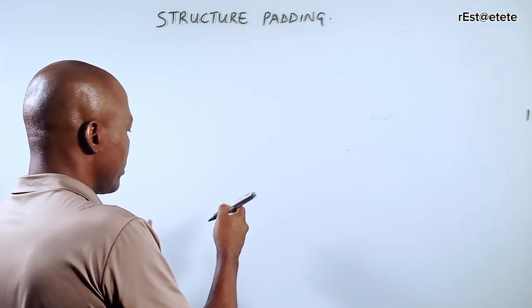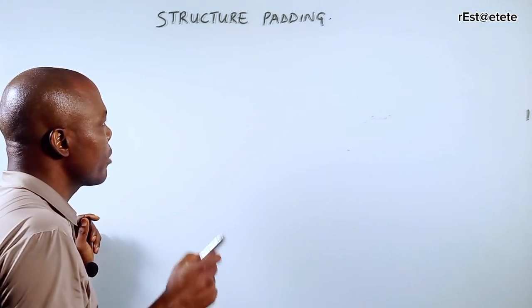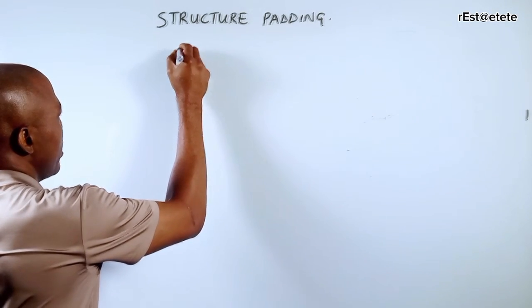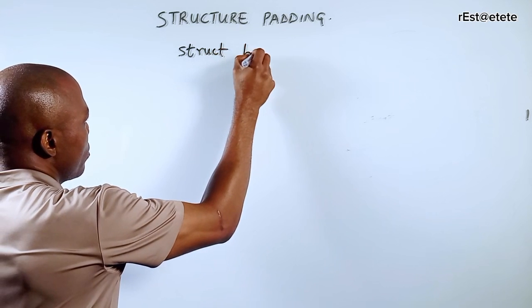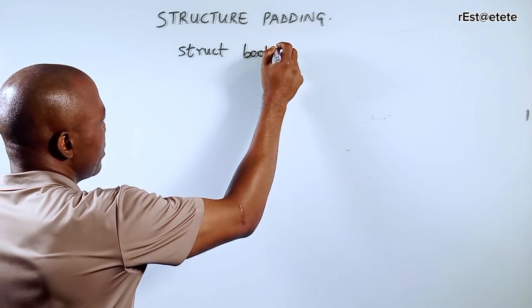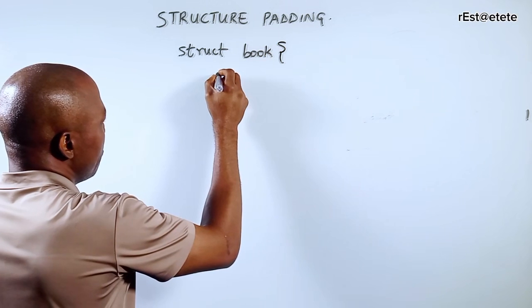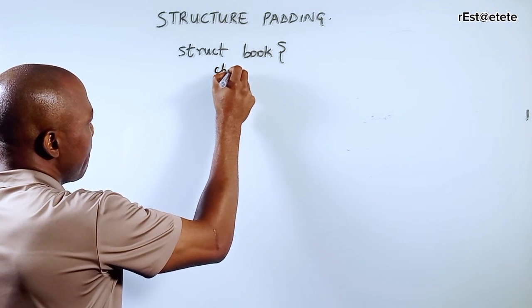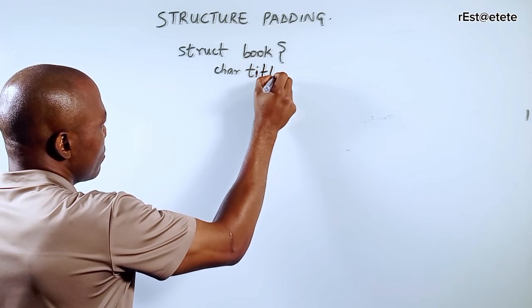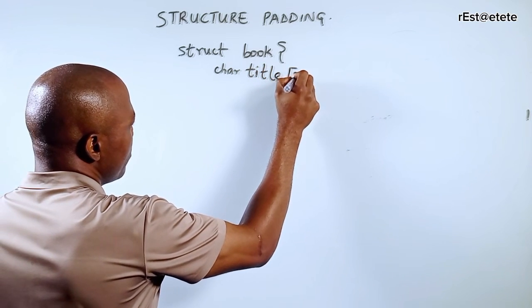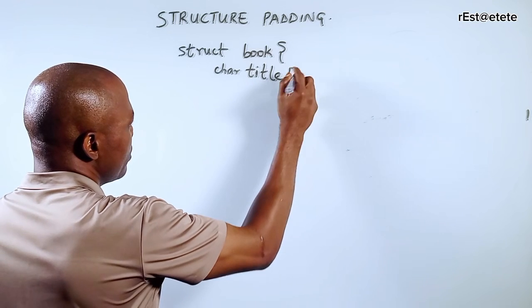So let's create a structure. I say struct, using the struct keyword, book. Members will be what? Char title, then I'll put here, let's put 10.